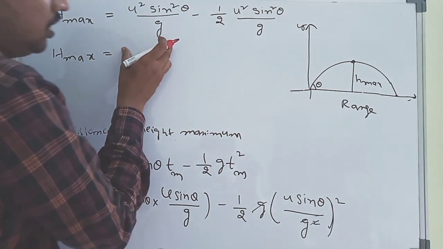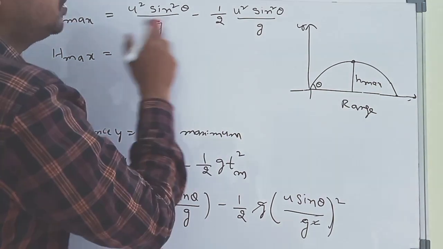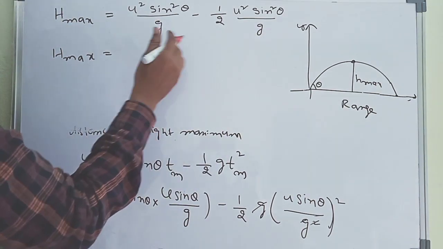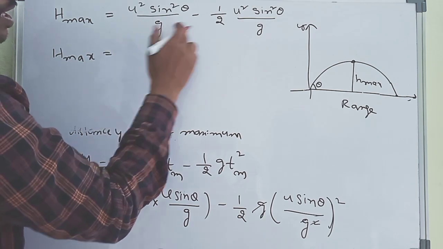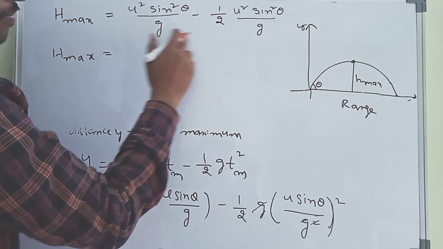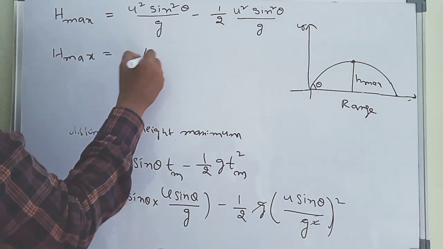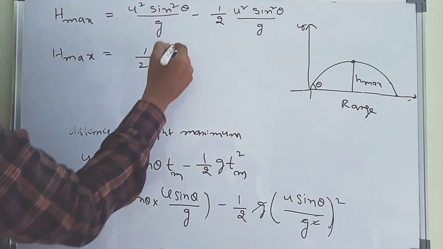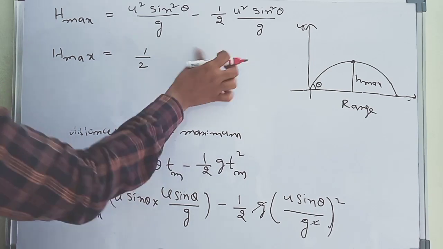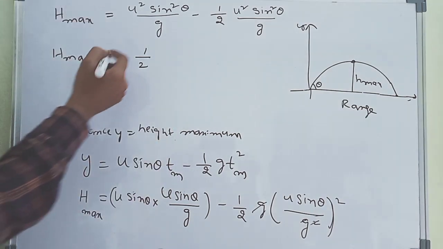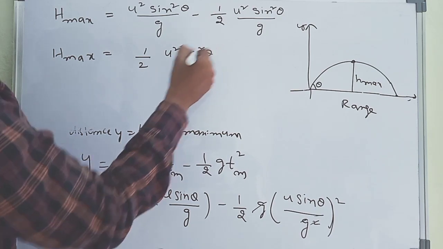U square sin square theta by g full minus u square sin square theta by g half, here u square sin square theta by g is common. So we get 1 minus 1 by 2, which is 1 by 2 u square sin square theta by g.